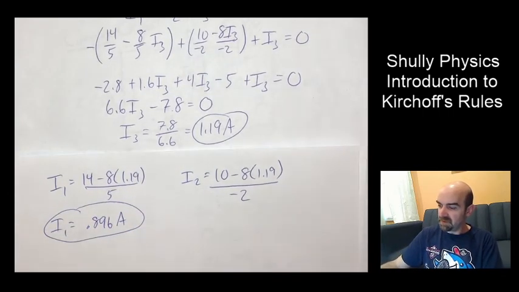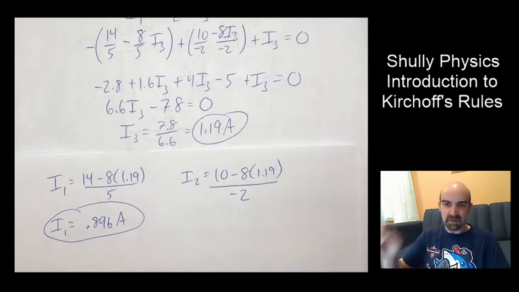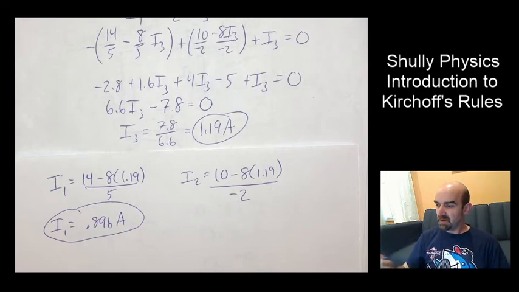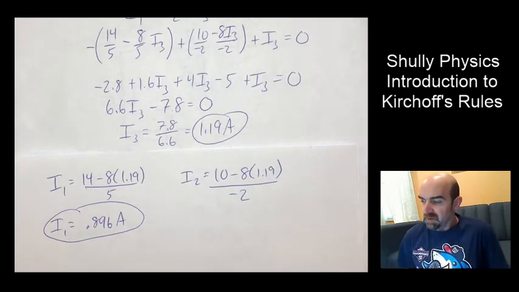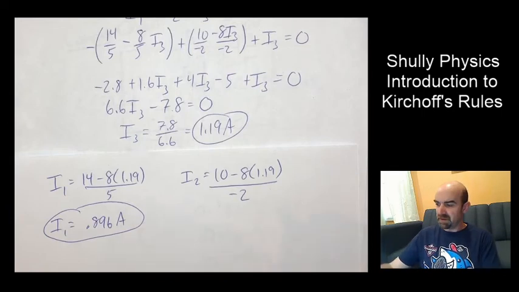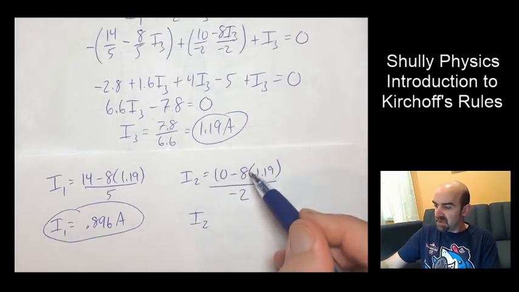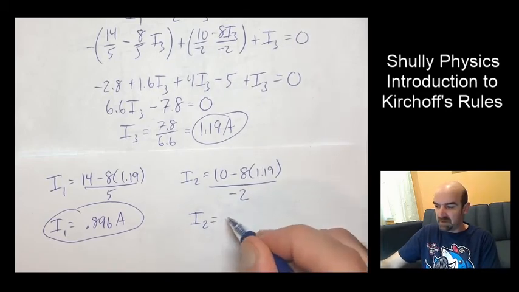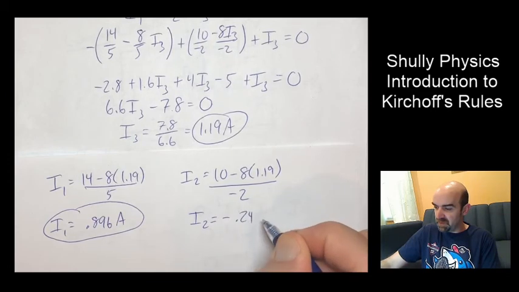And for I2, let's check that out. 10 minus that 9.52, and divide that by negative 2. All right, so we're actually getting a negative value here. 10 minus 9.52 is a positive number, divided by this negative number, is negative 0.24 amperes.